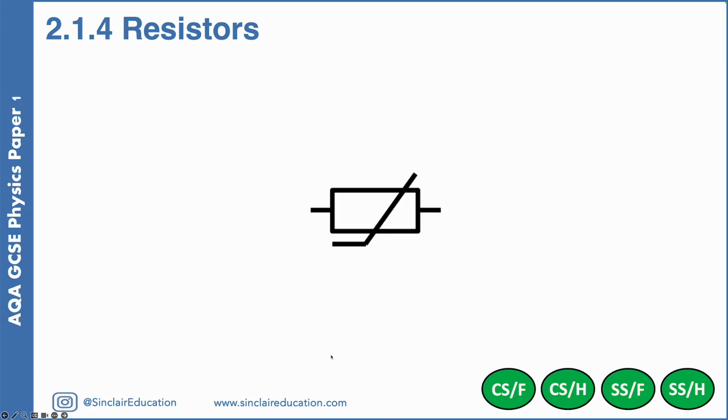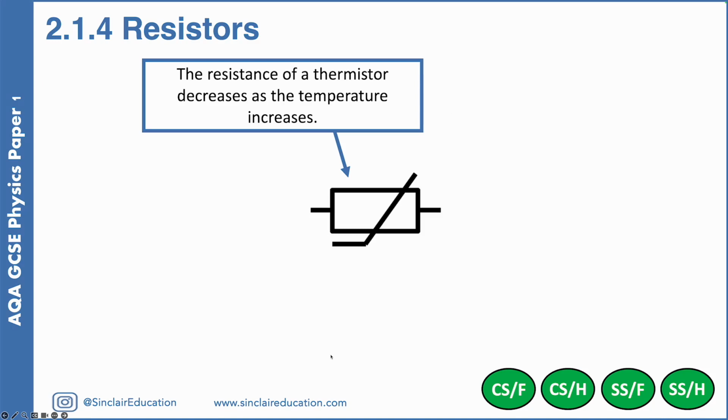So a couple of resistors to be aware of. First of all, we've got a thermistor. Now we represent this with a rectangular box with that hockey stick kind of extending through. Now a thermistor's resistance depends on temperature. And what we find is that if, for example, temperature increases, the resistance of the thermistor decreases.